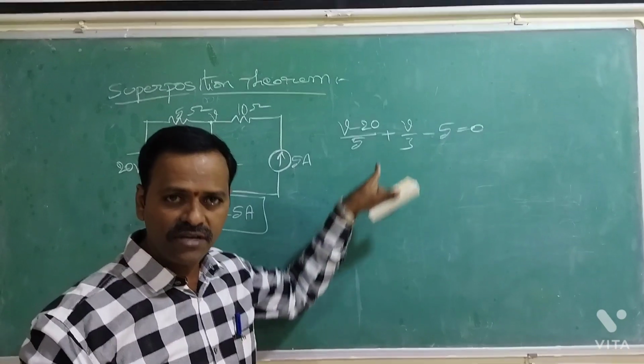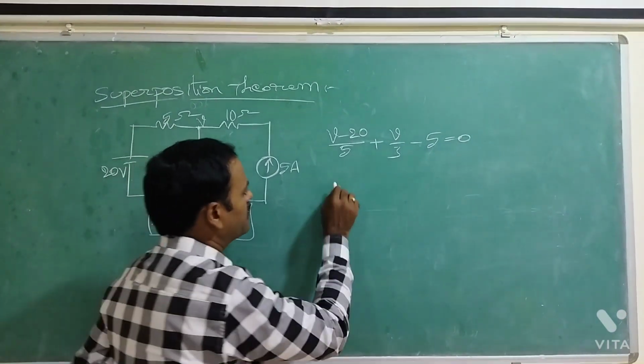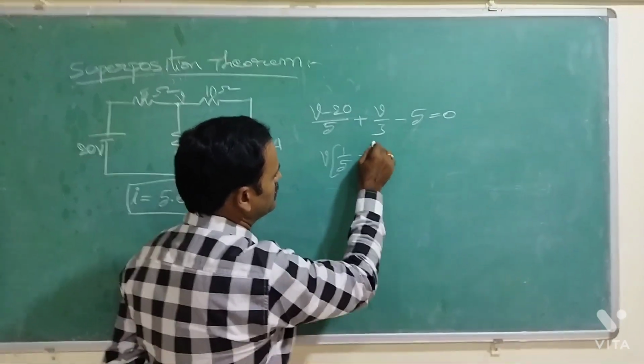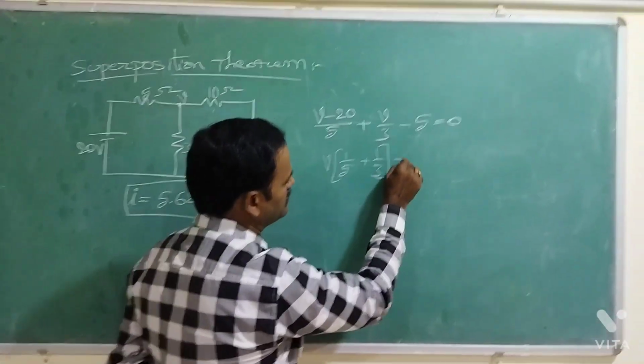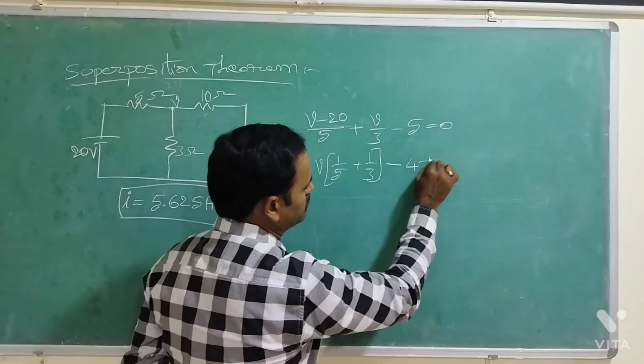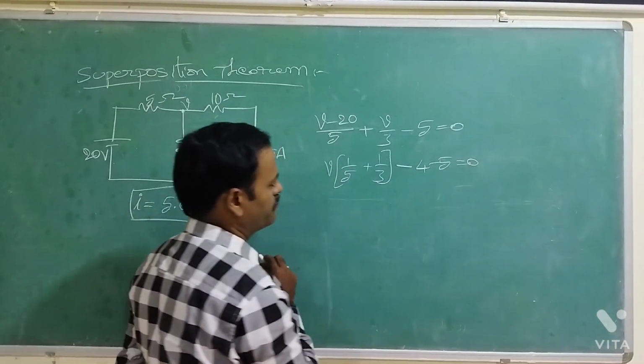From this, try to get V. Taking V common, we get (1 by 5 plus 1 by 3) V minus 20 by 5, that is 4, minus 5 is equal to 0.